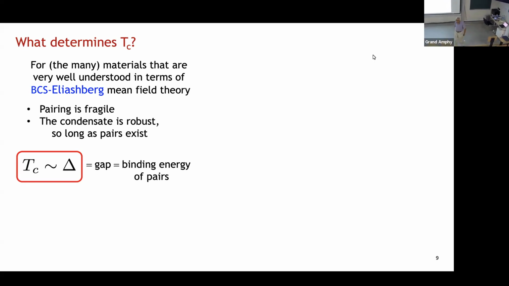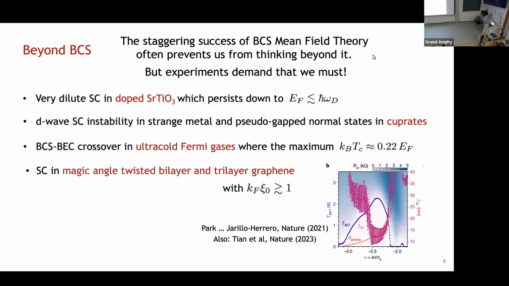Yes, please, one comment. Now, I won't say that what you tell is very logical and very convincing, but I want to draw attention to the fact that BCS, which was created in 1957, gave us two pillars. First, a gap in the spectrum, which corresponded to the Landau criterion of superfluidity, and long-range order.